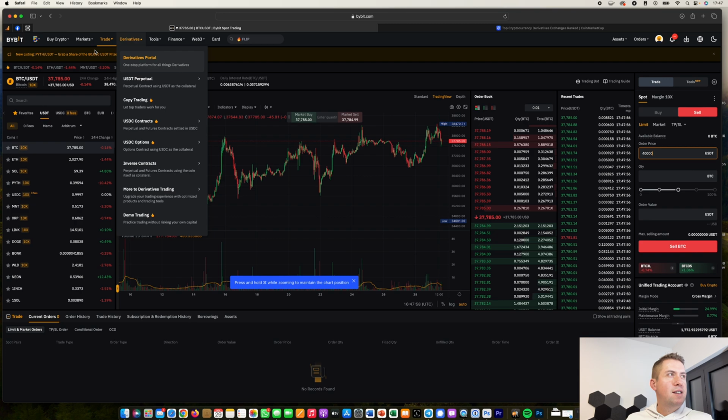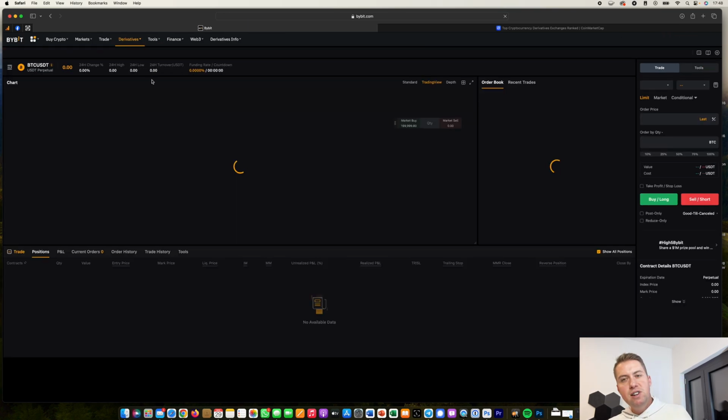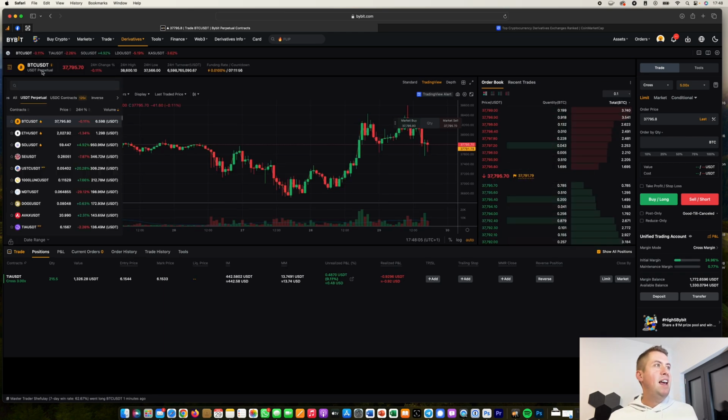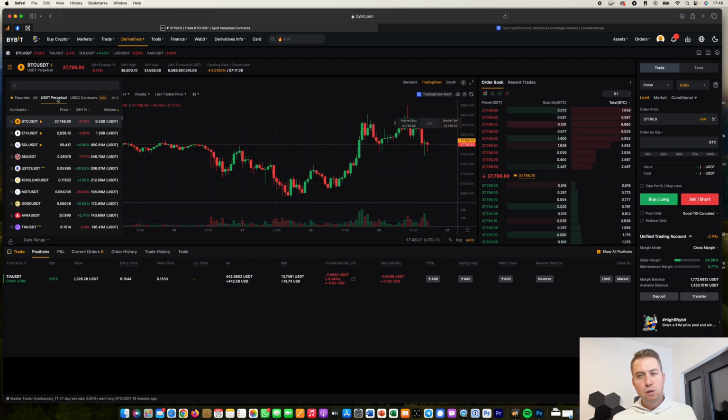So that's basically spot trading, and let's have a look at derivatives or futures. And there are several kinds of futures. As you can see, there are USDT perpetuals, USDC contracts, inverse contracts, inverse futures, and options. And the most popular ones, and the ones we will focus on now, are USDT perpetuals.